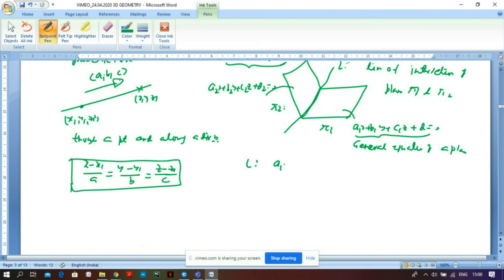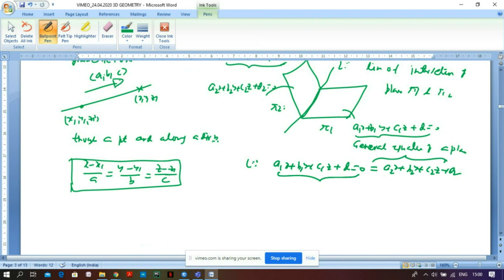So L is a1x plus b1y plus c1z plus d1 equal to 0, together with a2x plus b2y plus c2z plus d2 equal to 0. This says that x, y, and z are the set of points which satisfy this equation and also this equation. It means it is a common solution to both the loci, and so it has to be a line as depicted in the diagram. This is the equation of the line.